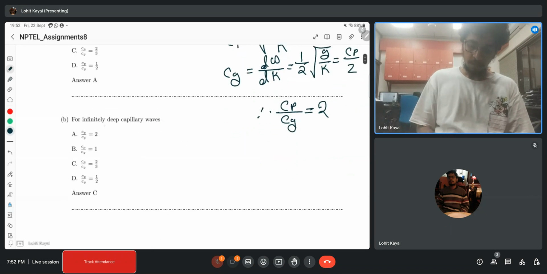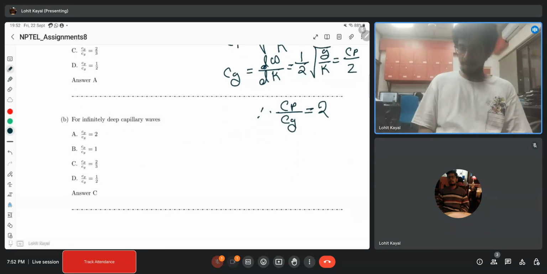Now, for infinitely deep capillary waves, what is your omega? Omega is square root of T k cubed by rho.